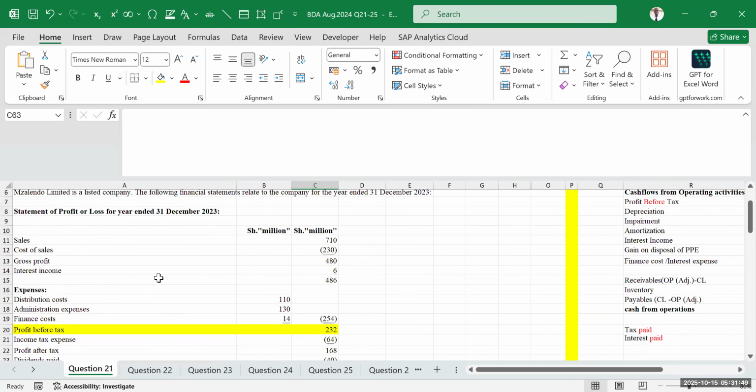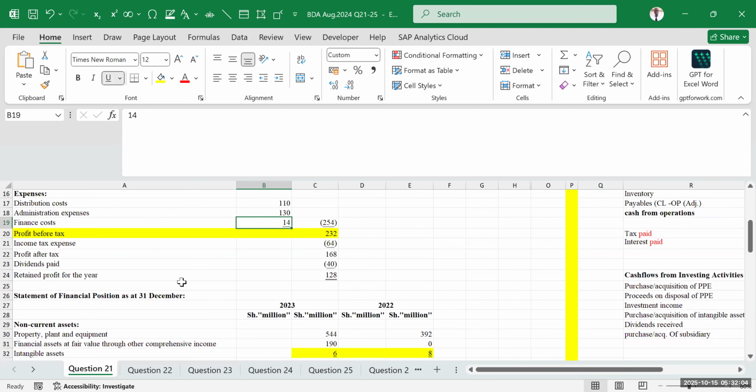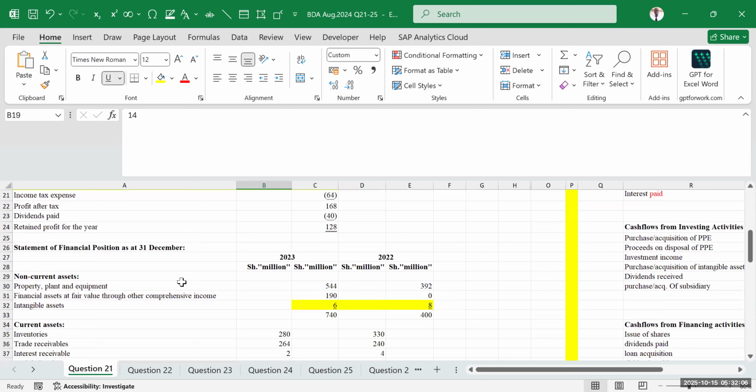So let's all go to the statement of profit or loss, and you see that the interest that was charged here, the interest that was charged of 14 million has an element of finance lease of 6 million.